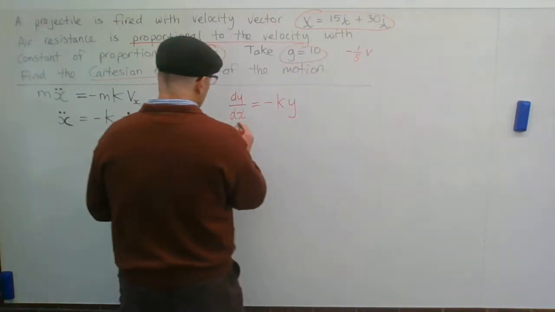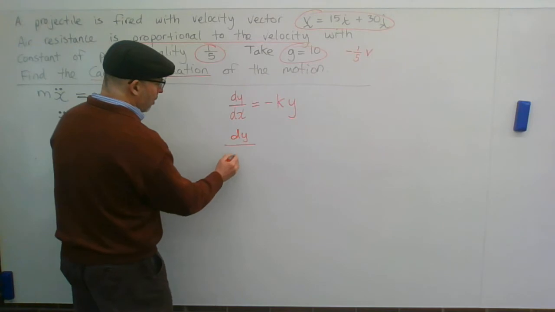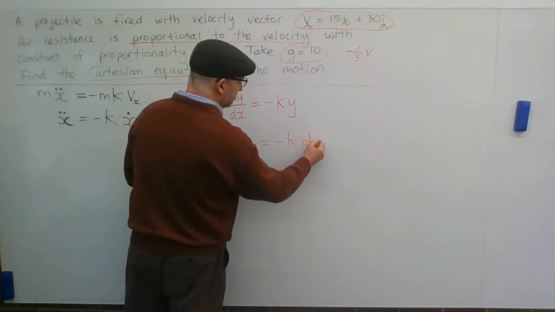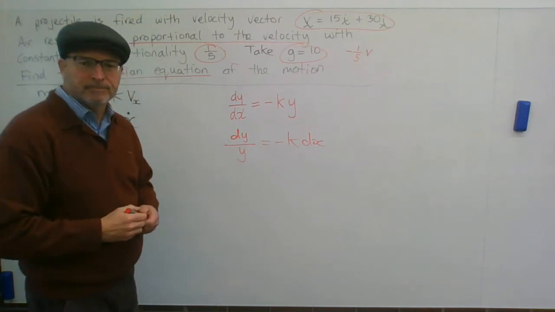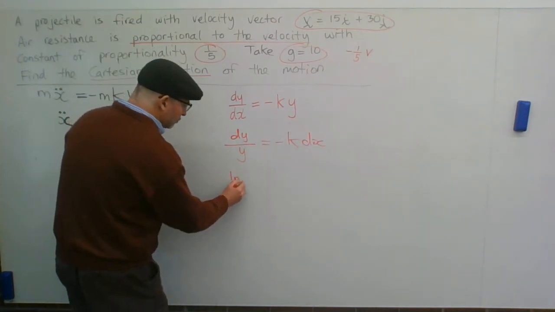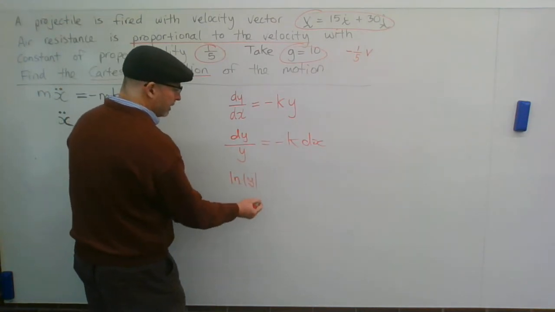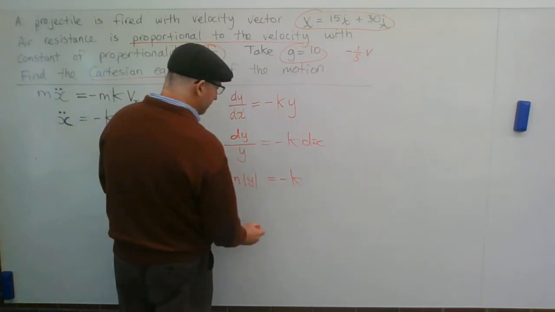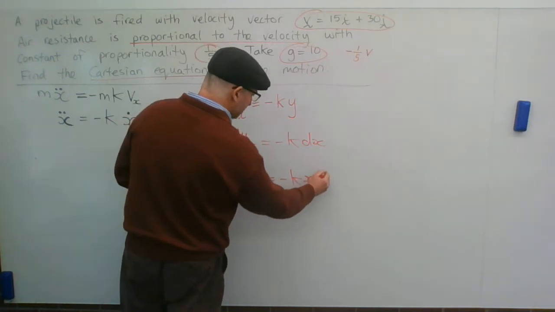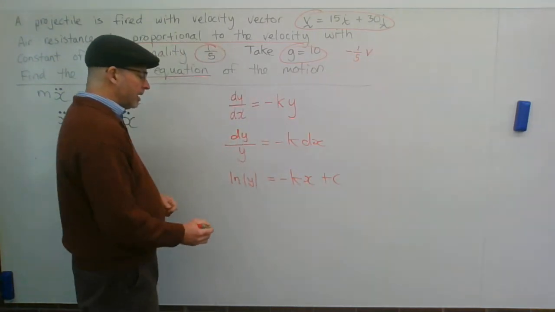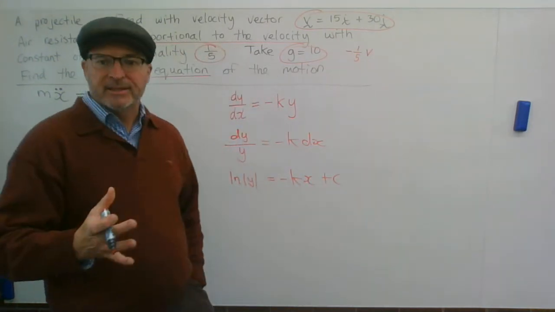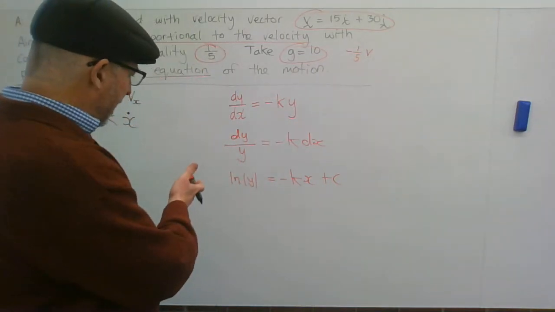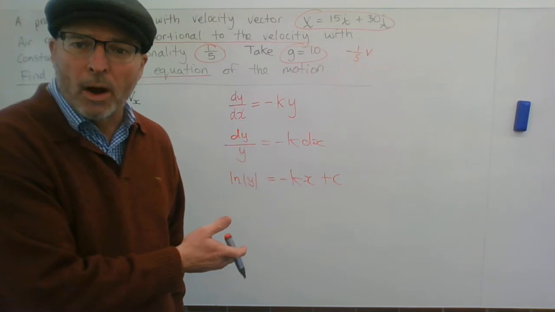So you've got dy on y equals minus k dx. And so you've got the natural log of y is equal to minus kx plus c.